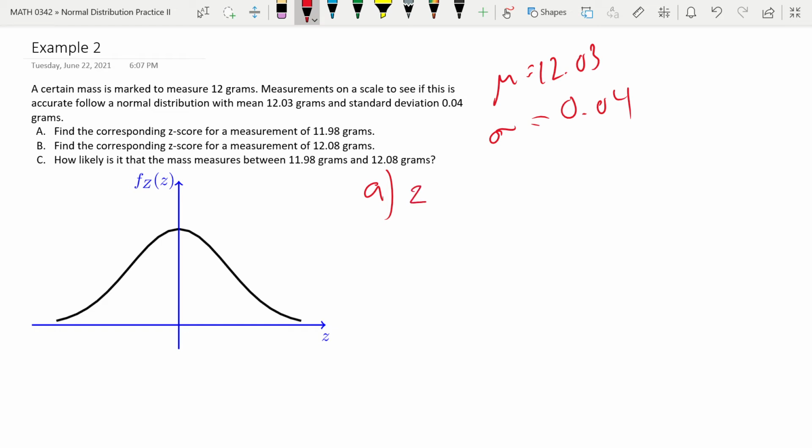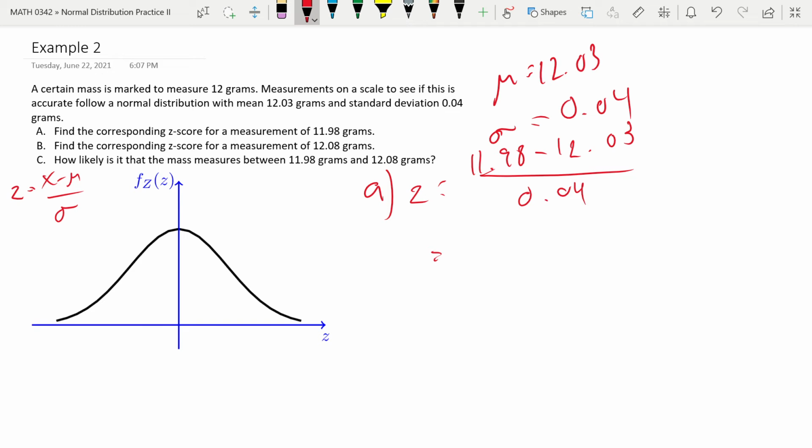So we have z equals x, 11.98, minus mu, 12.03. Let's clean that up a little. And divide that by 0.04. And remember the formula that we're using. Z is x minus mu over sigma. So let's go through this.